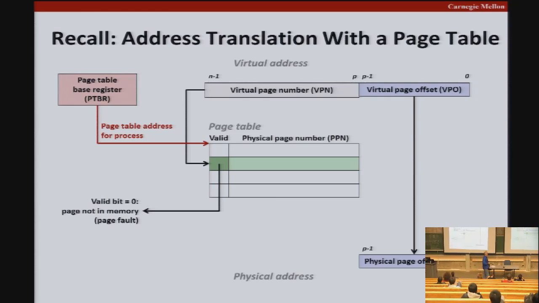If the valid bit is not set to 1, meaning it's a 0, that means that we do not have that page loaded into physical memory.